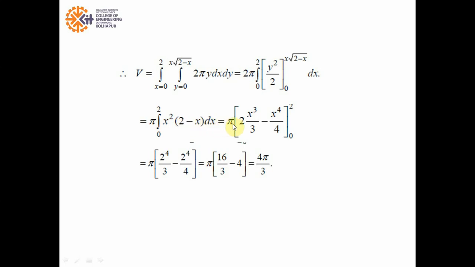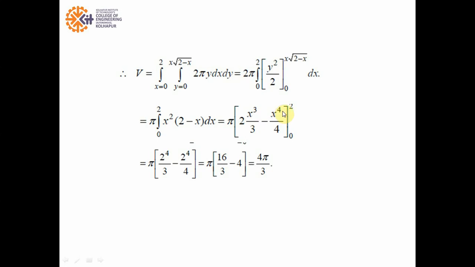So it is equal to pi. Take the integration of this function with respect to x. So we get integration of x square, x cube upon 3, x square into x is x cube, integration of x cube, x to the 4 upon 4, with upper limit 2, lower limit 0. So it is equal to pi.